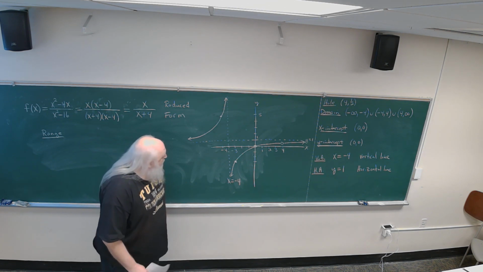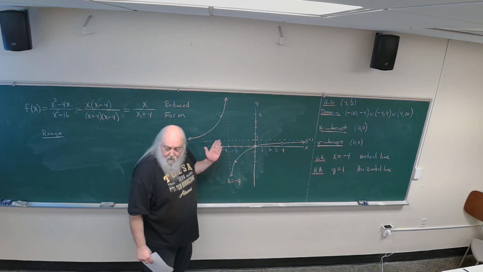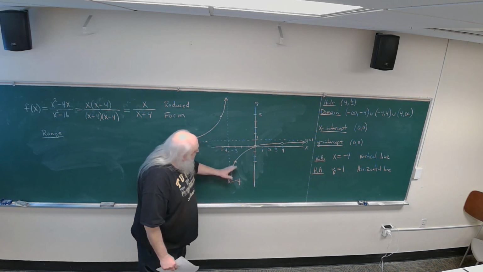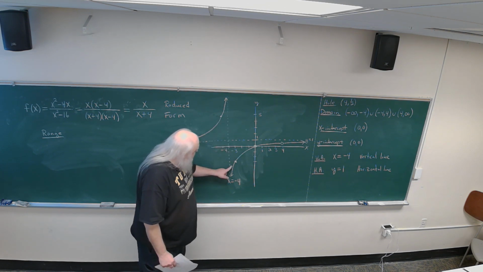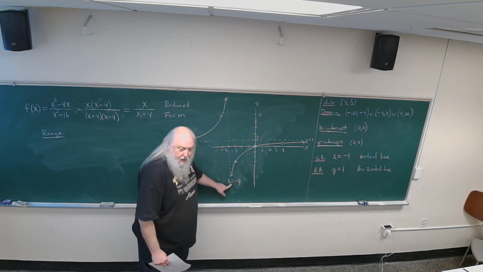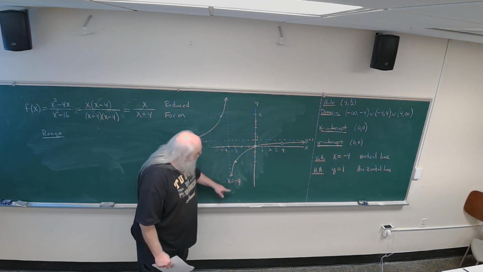So we've got 2 parts of the graph here. So let's start with this part over here. On the right side of the vertical asymptote, the graph goes down forever, so there's no minimum y-coordinate. Remember, the range is the y-coordinates, so there's no minimum y-coordinate.